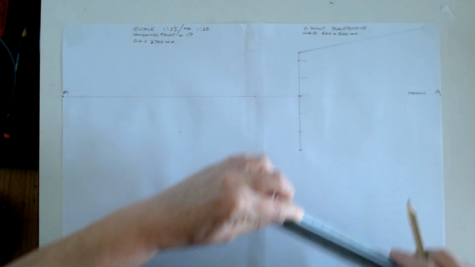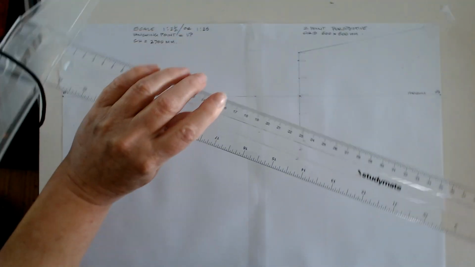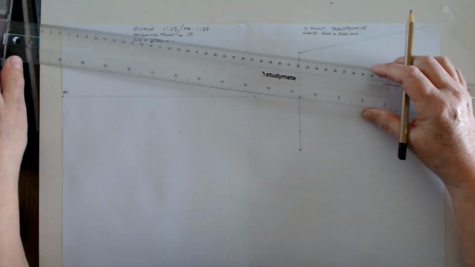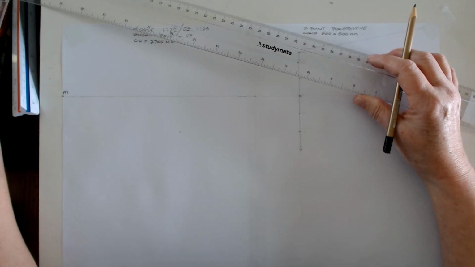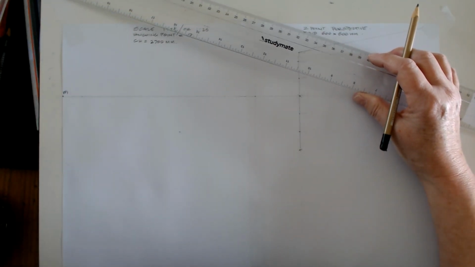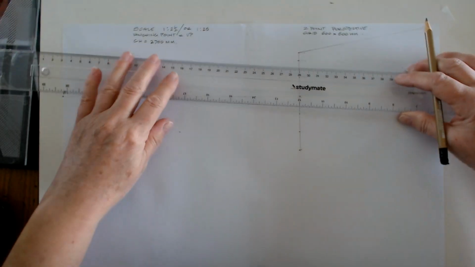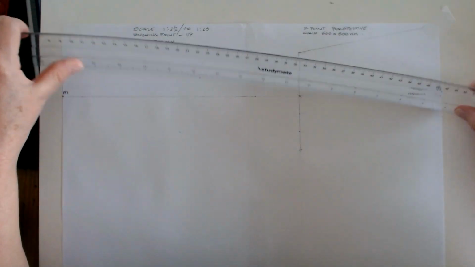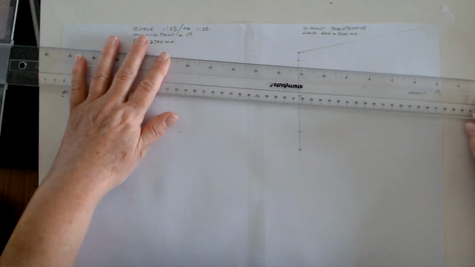Or if you've got a longer ruler, that would be great. I'm going to use my longer ruler. This is actually my set square. Get that out of the way so it stops getting hooked. This is my dreadful set square.